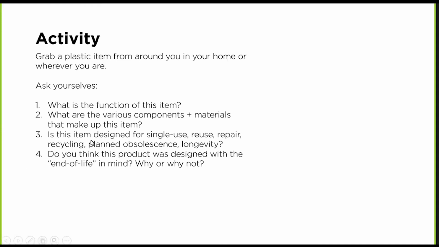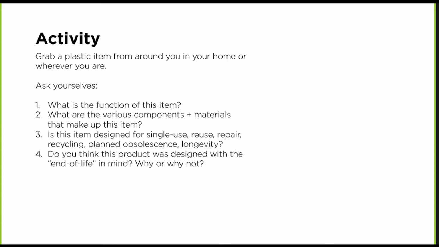Think about, is this item designed for single use or reuse? Is it designed for repair, recyclability, planned obsolescence, longevity? Planned obsolescence is a term that means a product is actually designed to lose its value after a certain time period. There are a few types.